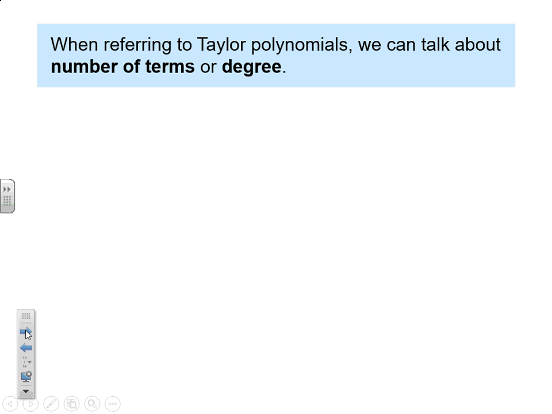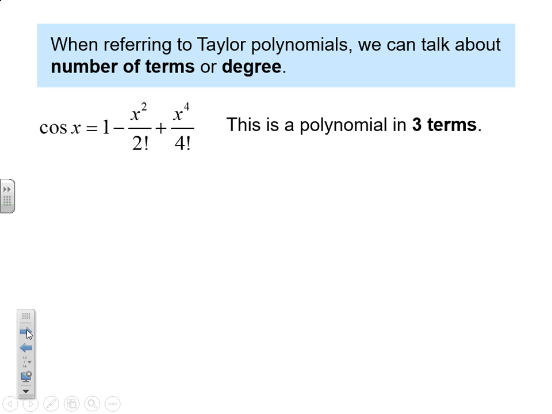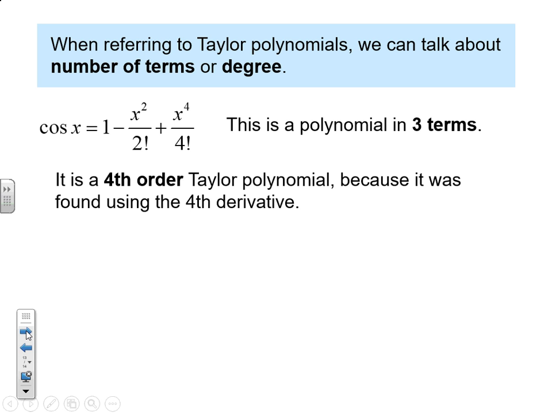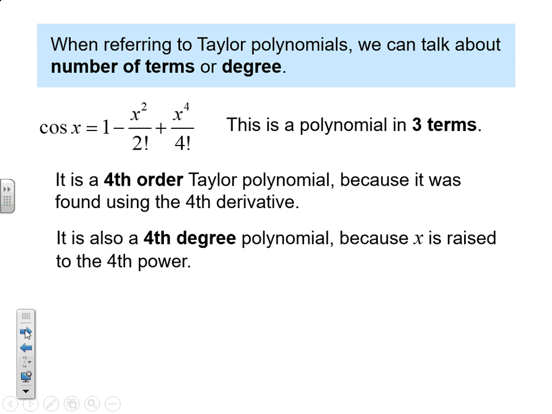Okay. Let's talk about the difference between number of terms and degree. If we talk about this function right here, this has 3 terms. But it's a 4th order Taylor polynomial because it's 4th degree. If I say 4th order Taylor polynomial, you need to take it out to 4 derivatives.